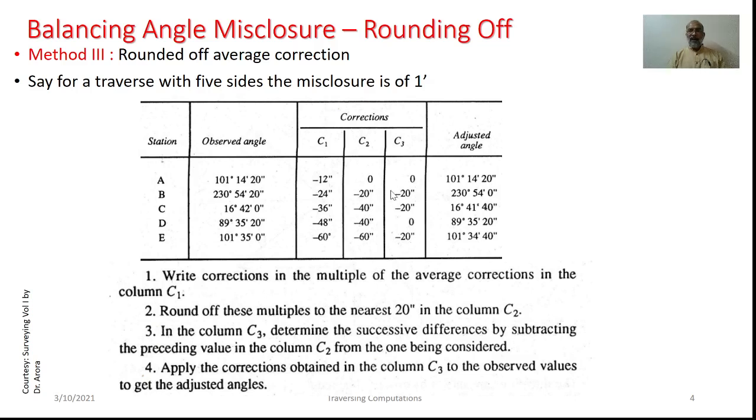So all such values that are averaged out would be considered as correction to correct this observed value.